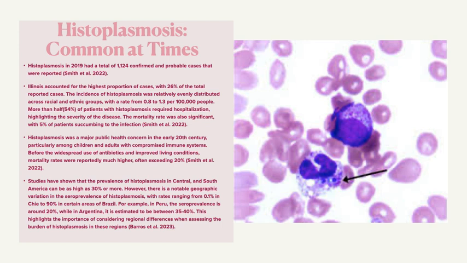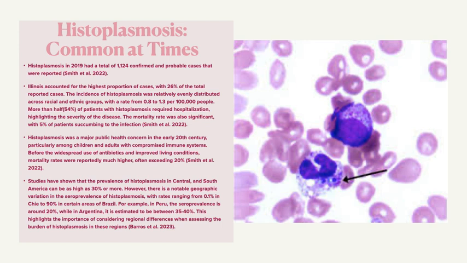The incidence of histoplasmosis was relatively evenly distributed across the racial and ethnic groups, ranging from 0.8 to 1.3 per 100,000 people. More than half of patients with histoplasmosis required hospitalization, highlighting the severity of the disease. The mortality rate was also significant, with 5% of patients succumbing to the infection.